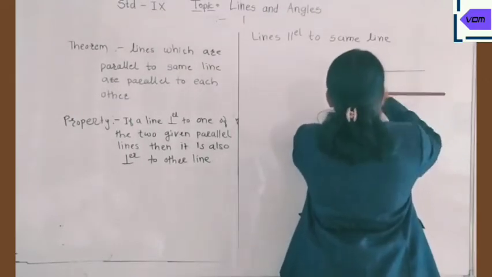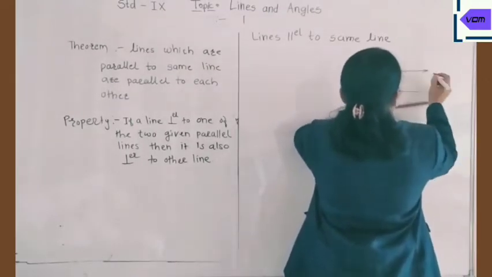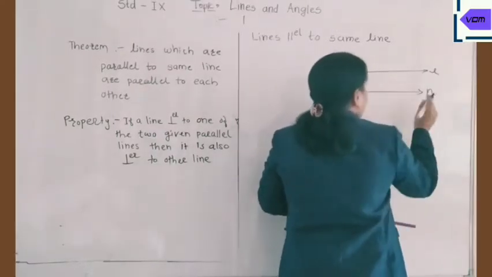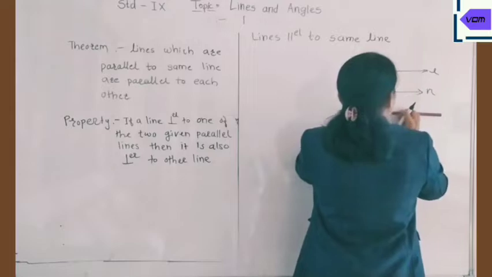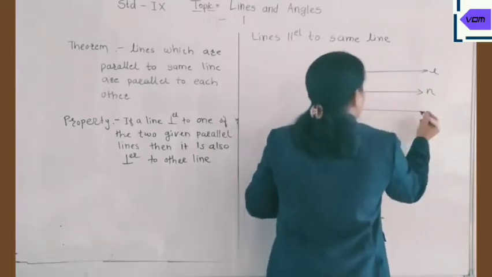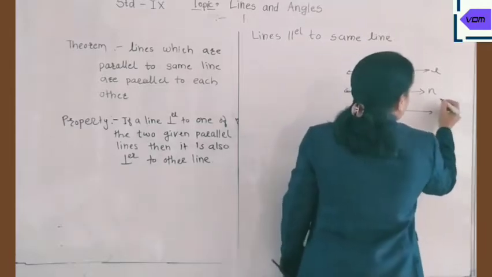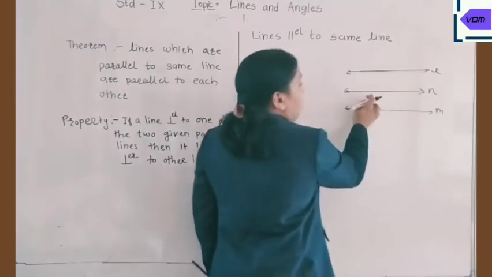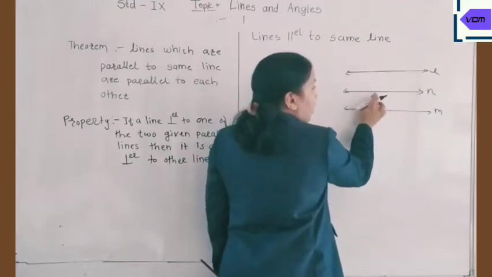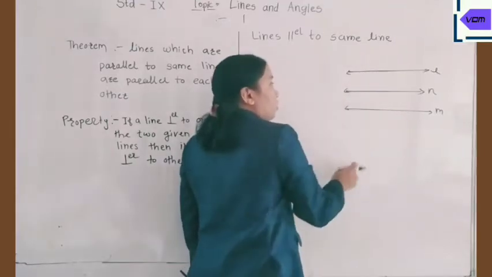which are parallel. Now line L is parallel to line M, and also another line N is parallel to line M. Means line N is parallel to line L, and also line N is parallel to line M. Now what to prove?